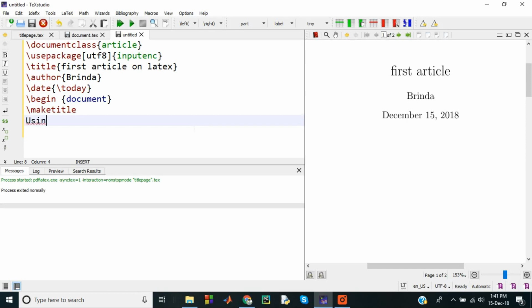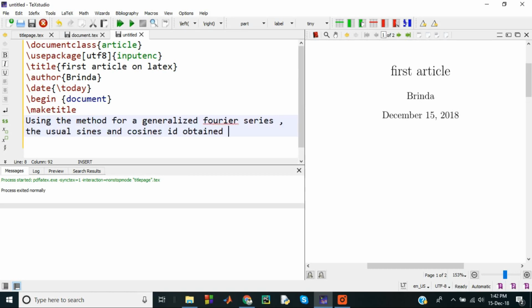So for example, if I try to display the Fourier series expression, using the method for a generalized Fourier series, the usual sines and cosines is obtained by taking f1 of x is equal to cos x and f2 of x is equal to sin x.